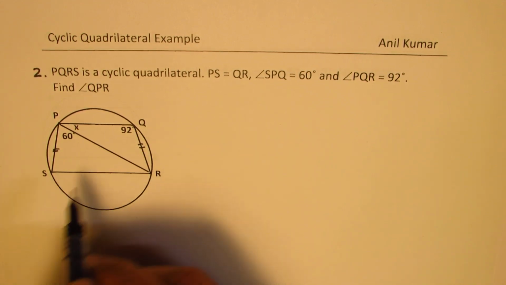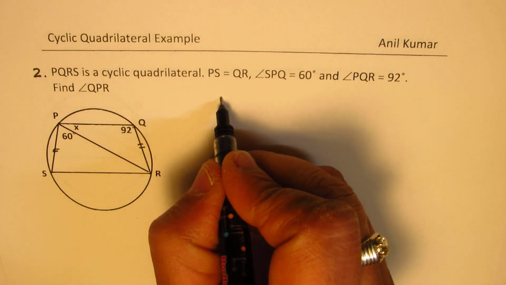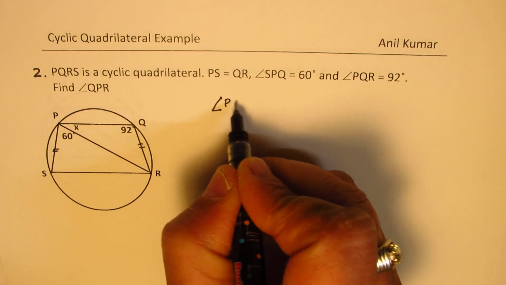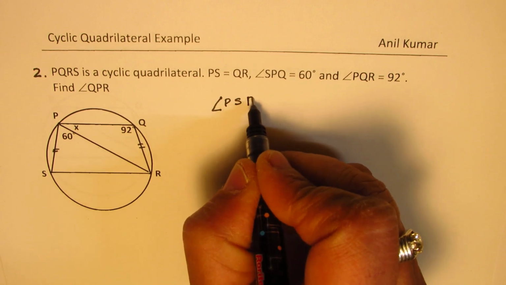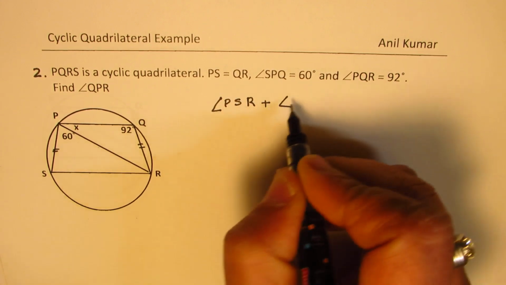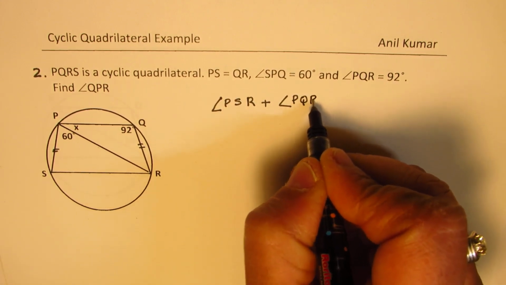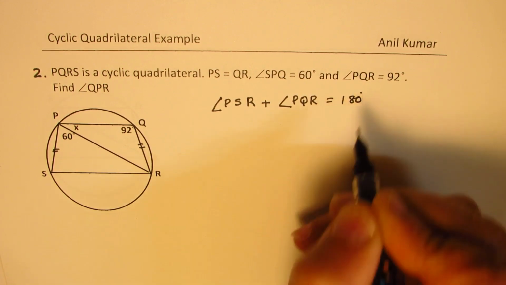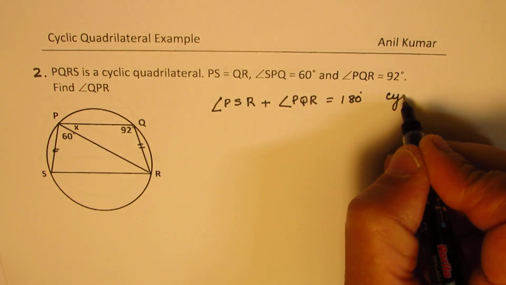So first property of cyclic quadrilaterals, we know that the angle PSR plus angle PQR should be equal to 180 degrees. This is the property of cyclic quadrilaterals.